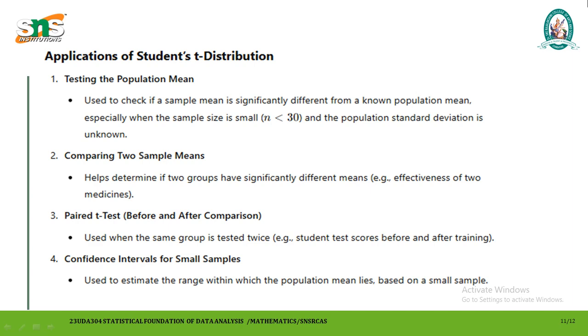It helps determine if two groups have significantly different means. The third one is to calculate the paired t-test, that is, it is used when the same group is tested twice. And the last one is confidence intervals for small samples, that is, it is used to estimate the range within which the population mean lies based on a small sample.